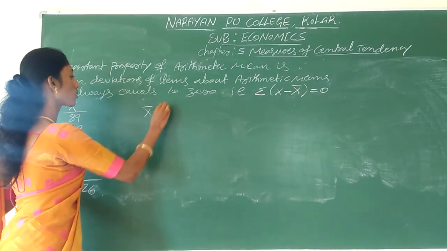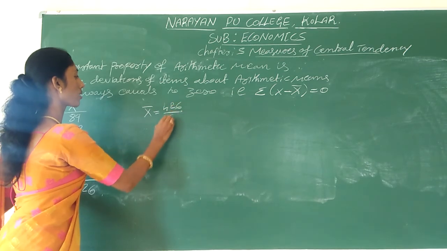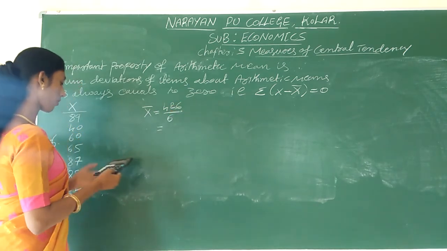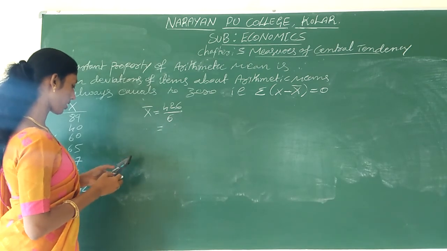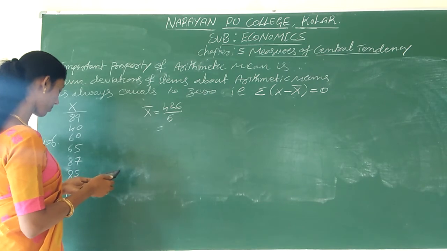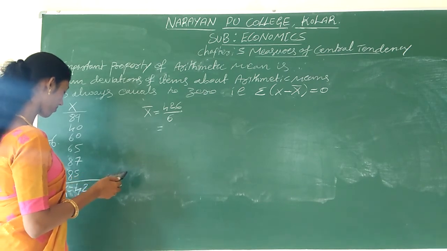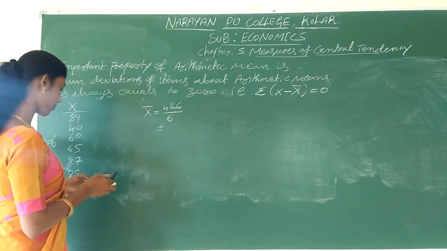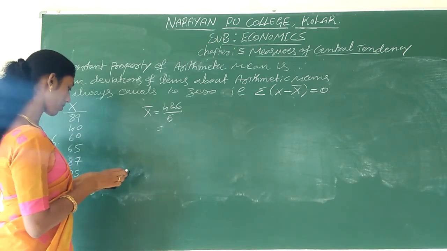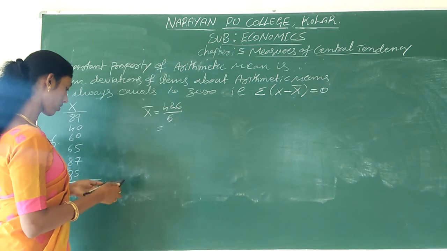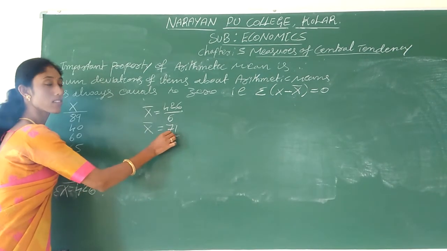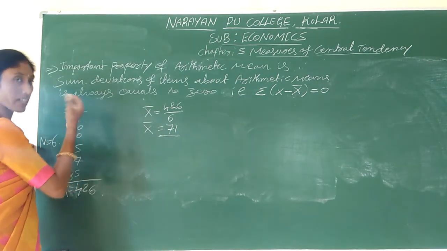X bar is equal to 426 divided by 6, we get 71.